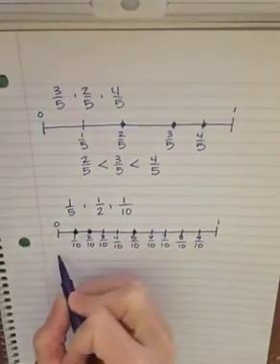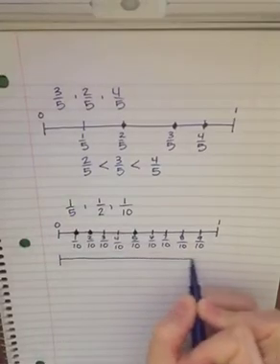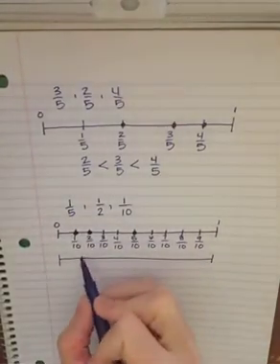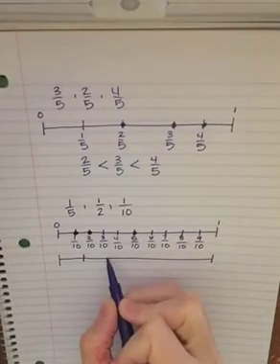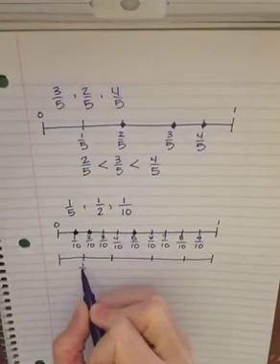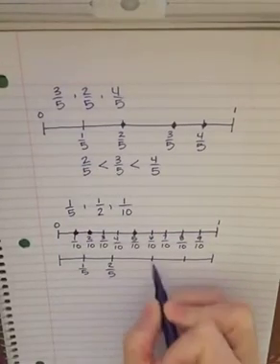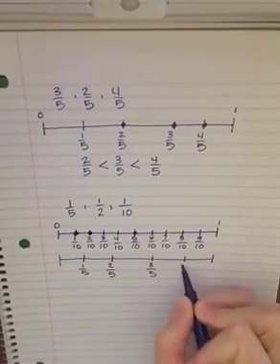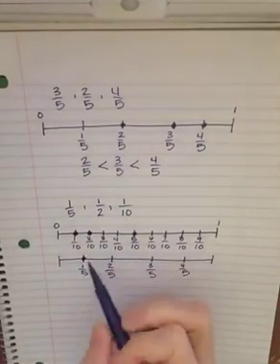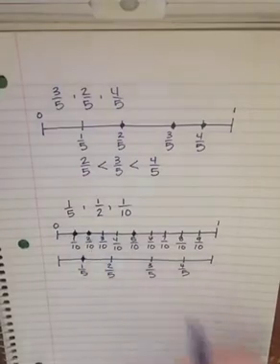It wouldn't be any different than if I were to draw my own number line directly below this, and I were to do the fifths again. Right, 1/5, 2/5, 3/5, 4/5. I didn't draw these exactly correct, but those kind of line up, okay?